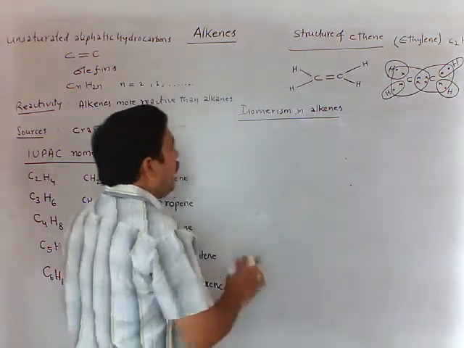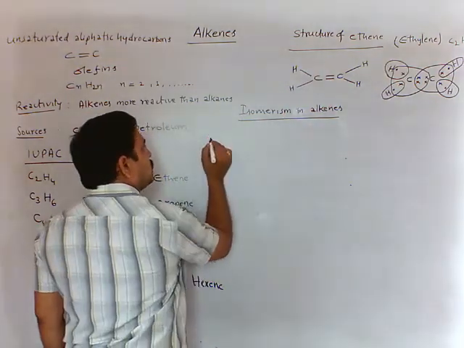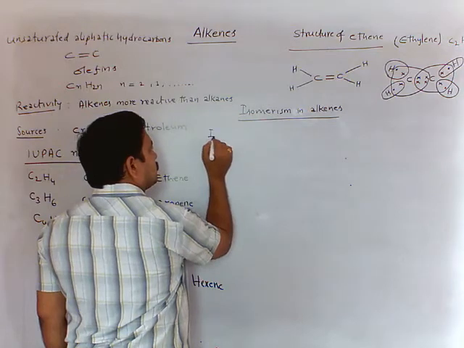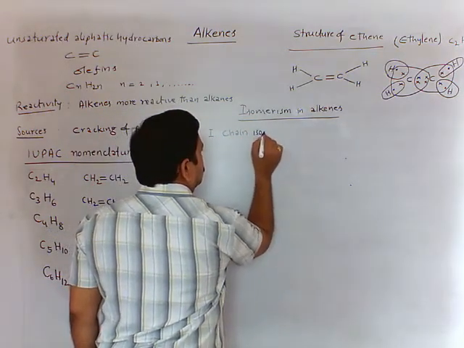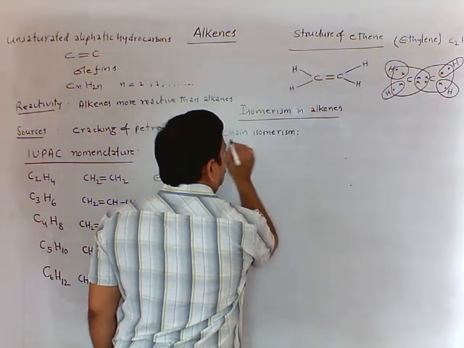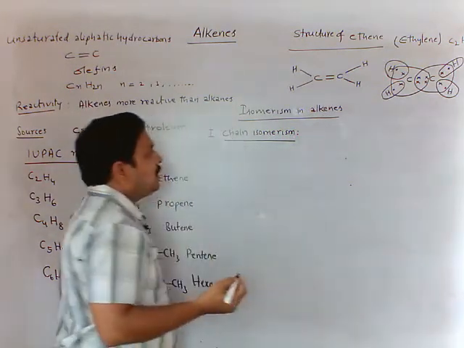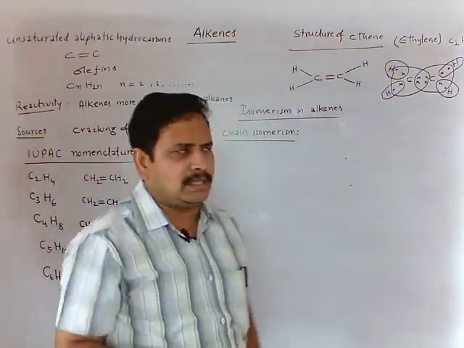Here alkenes exhibit 3 types of isomerism. First one is chain isomerism. The isomerism which arises due to difference in carbon chain.